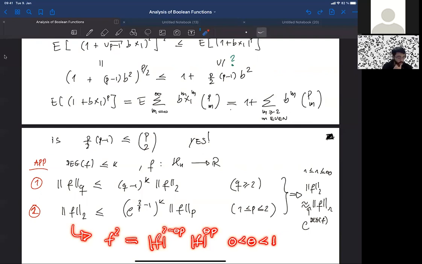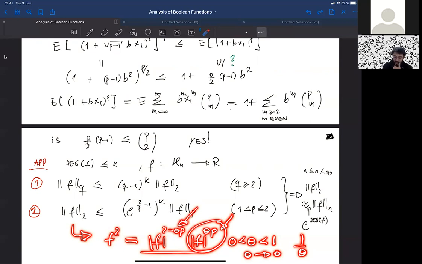And then you want to send theta to 0. And then what you do here is you apply Hölder with the exponent 1 over theta, to get a norm p from this, and whatever you get on here, you apply hypercontractivity.